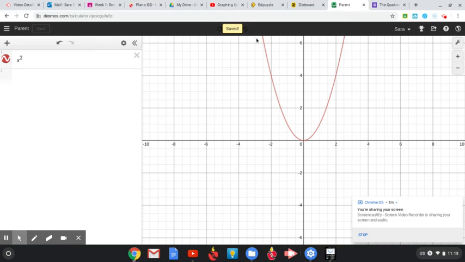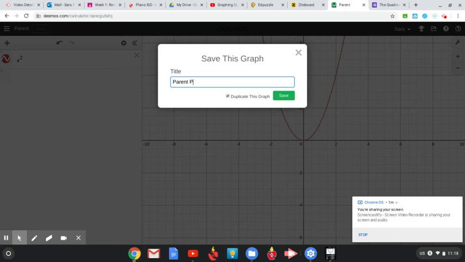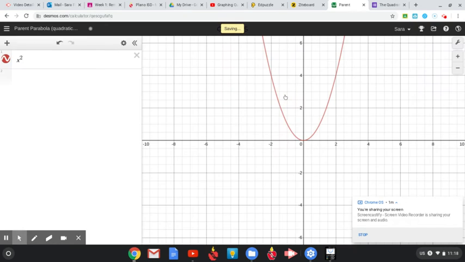So you can see that it does not make a straight line. It makes this curve, this U shape, and we call this U shape a parabola. And if it's a parabola, then that means it is a quadratic function. So this is our OG quadratic function, the parent parabola.